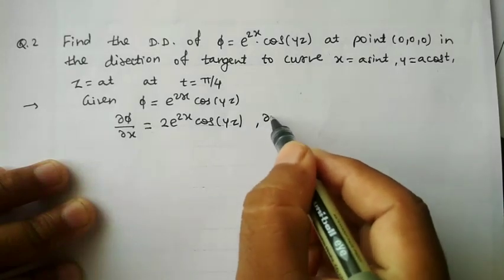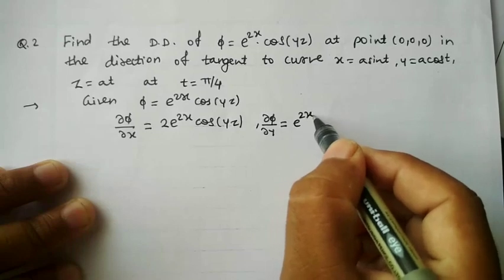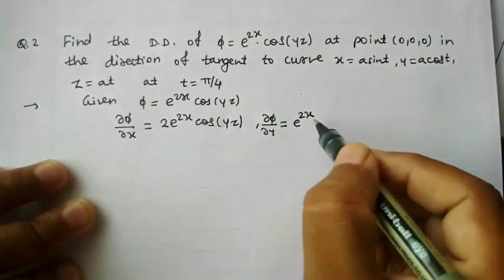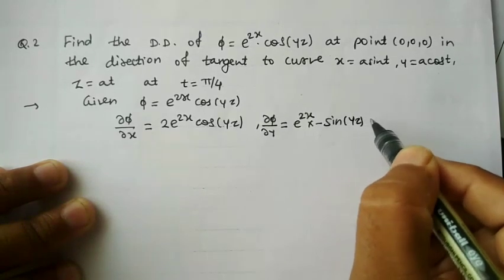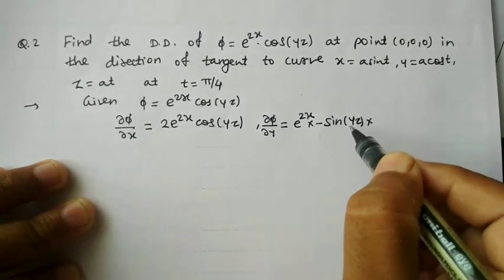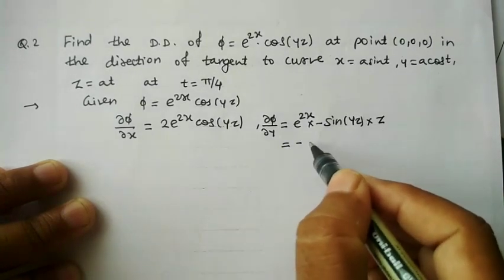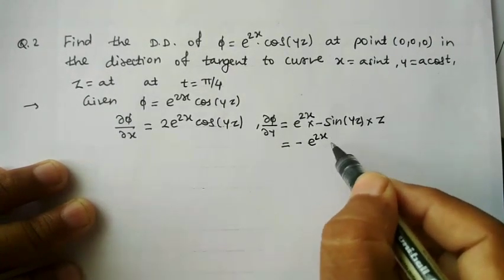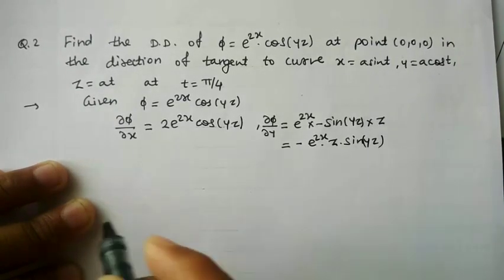Partial derivative of phi with respect to y: the term e raised to 2x stays as it is, and the derivative of cos is minus sin of yz into the derivative of yz, which is z, so it equals minus e raised to 2x into z into sin of yz.